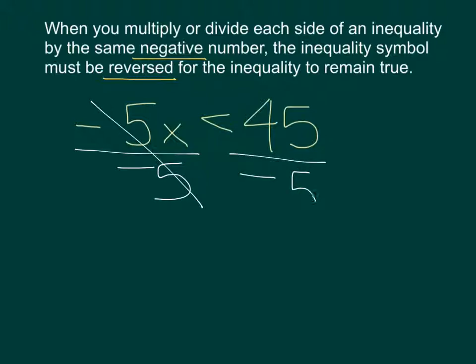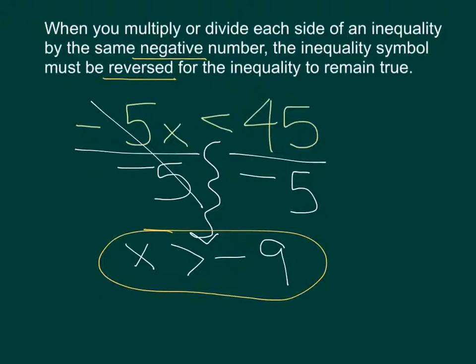Well, anytime that you multiply or divide by a negative, you have to flip the sign. So it's x, and then this sign gets flipped to be greater than negative 9. So now your answer is x is greater than negative 9.